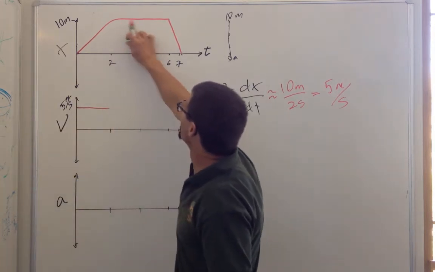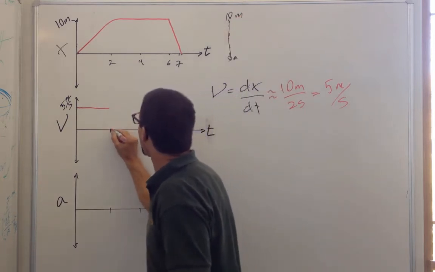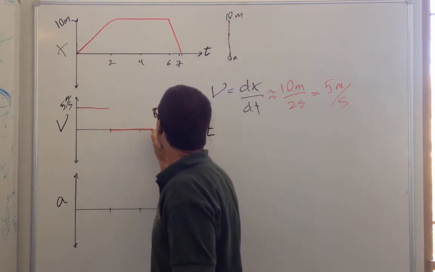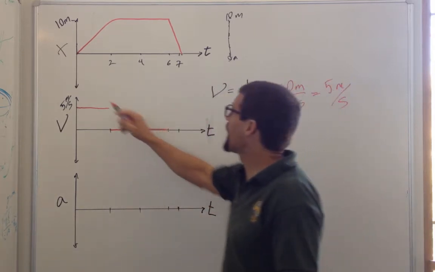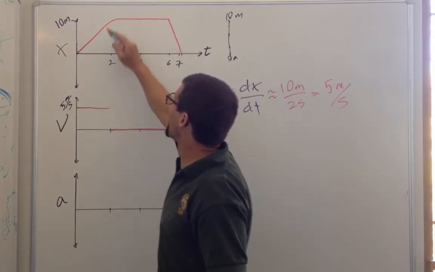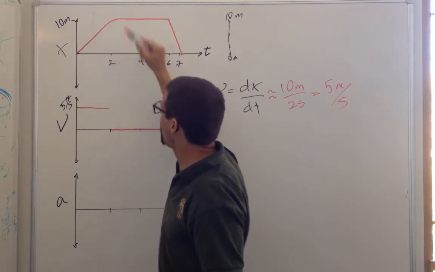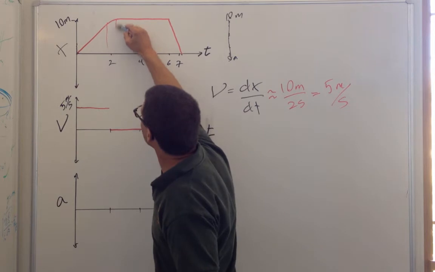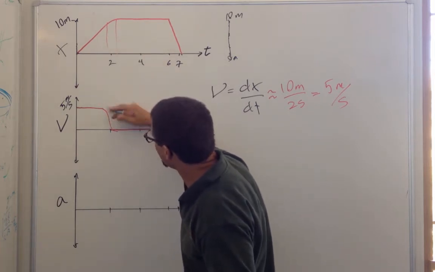Now, here, there's no slope, because I'm just sitting there, which means for this whole time there's no velocity. Now, how do I go from 5 meters per second to 0? I can see here the slope is 5 meters per second, maybe 4, 3, 2, 1. Over this period of time, the velocity drops from here to here.